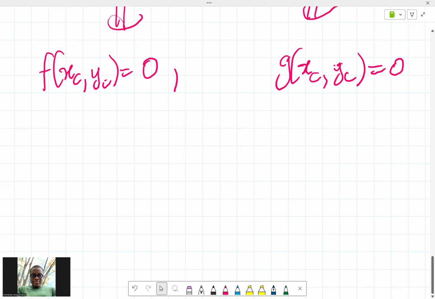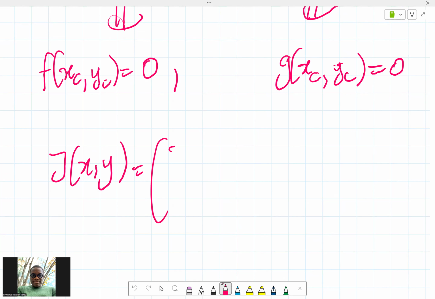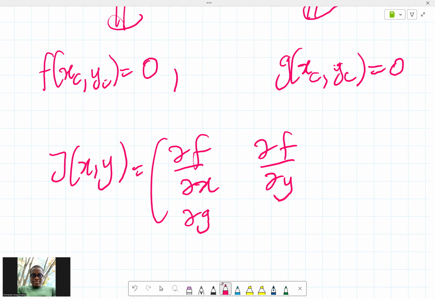In that case, we can have J of x comma y equal to partial f partial x, partial f partial y, then partial g partial x, and partial g partial y, which is called the Jacobian matrix.